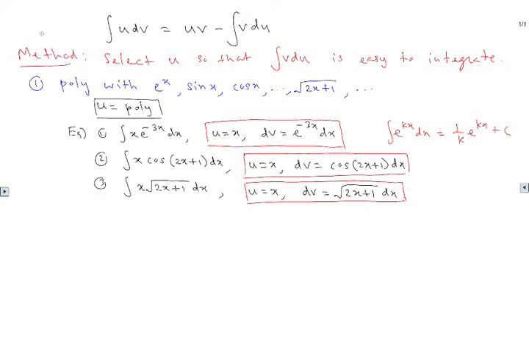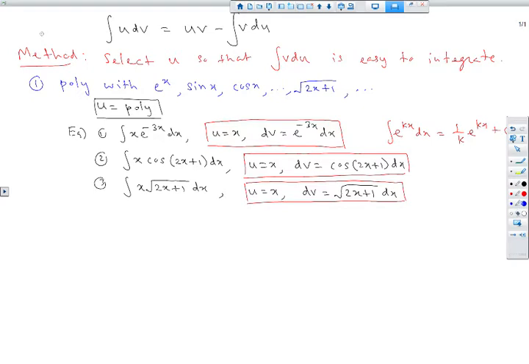This problem you can also do using the substitution method, but then you would pick u as the inside function, in this case u equals 2x plus 1. But if you do integration by parts, you have to pick u as x. So that's the first type.